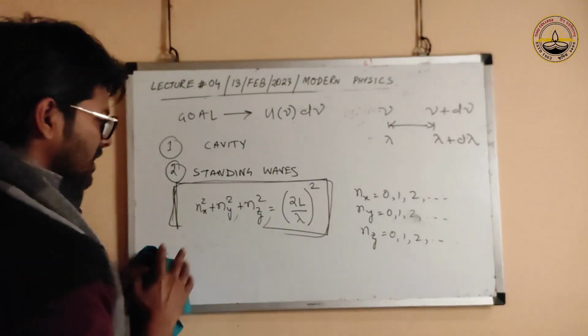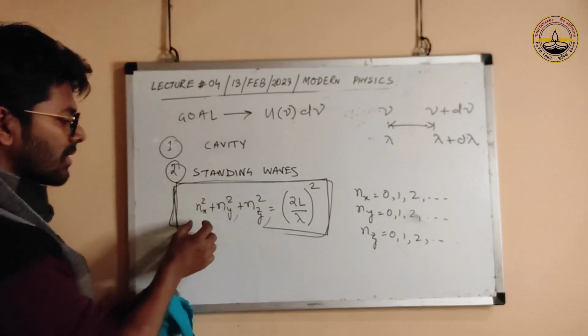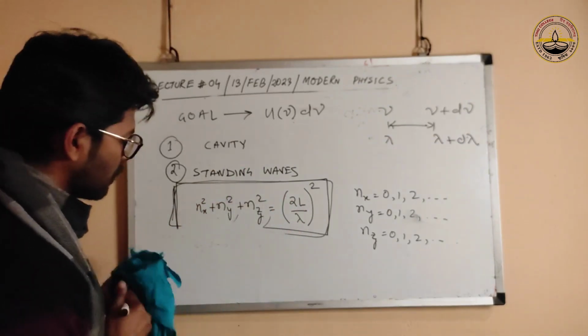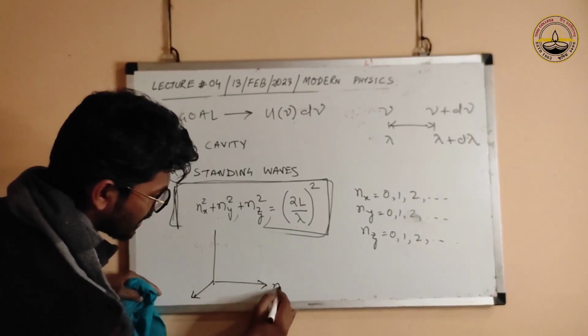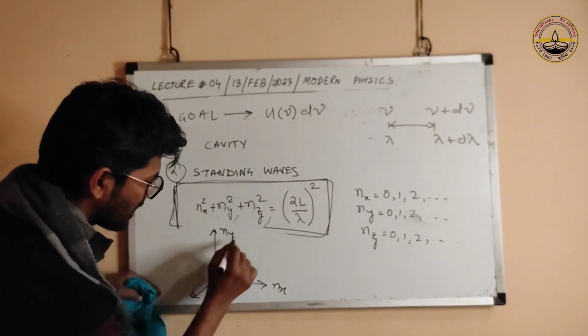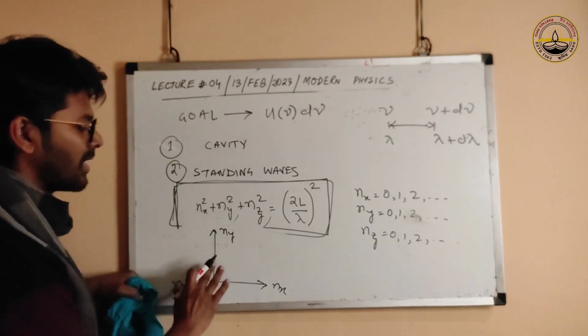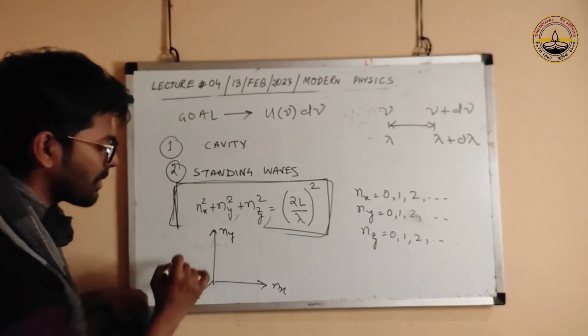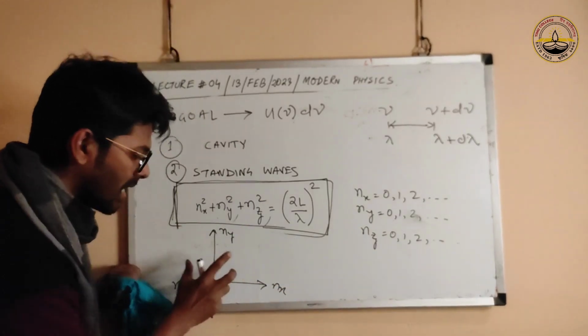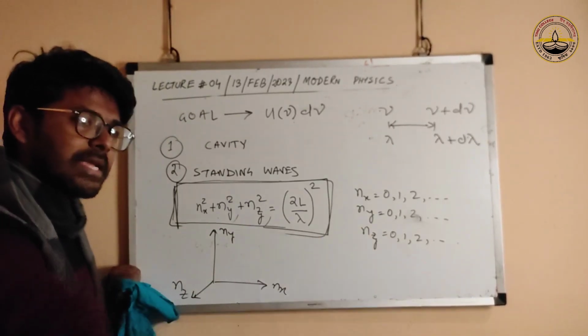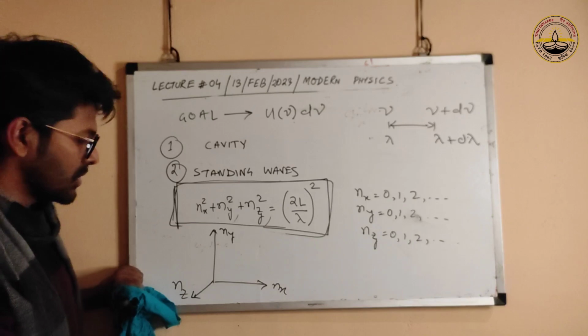Anyway, this is an equation of a sphere in a space with directions nx, ny, and nz. But one important thing is that it's not a usual space because it's not continuous.